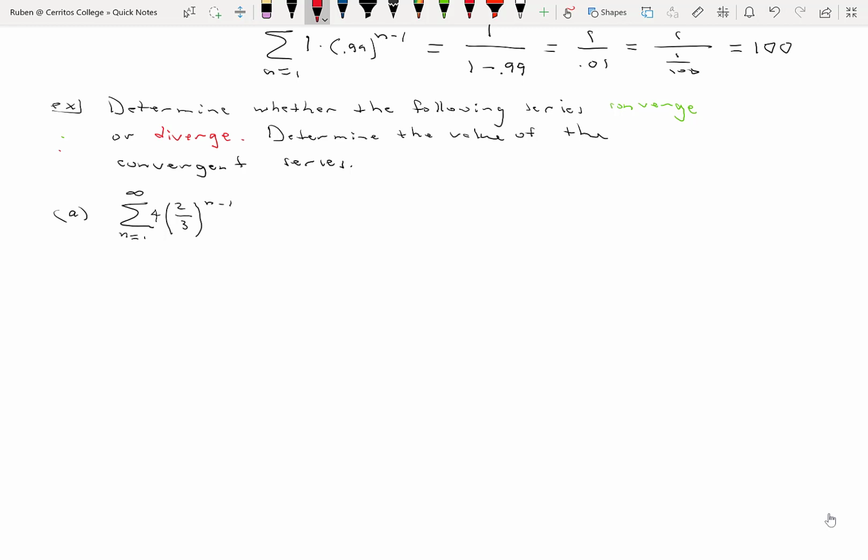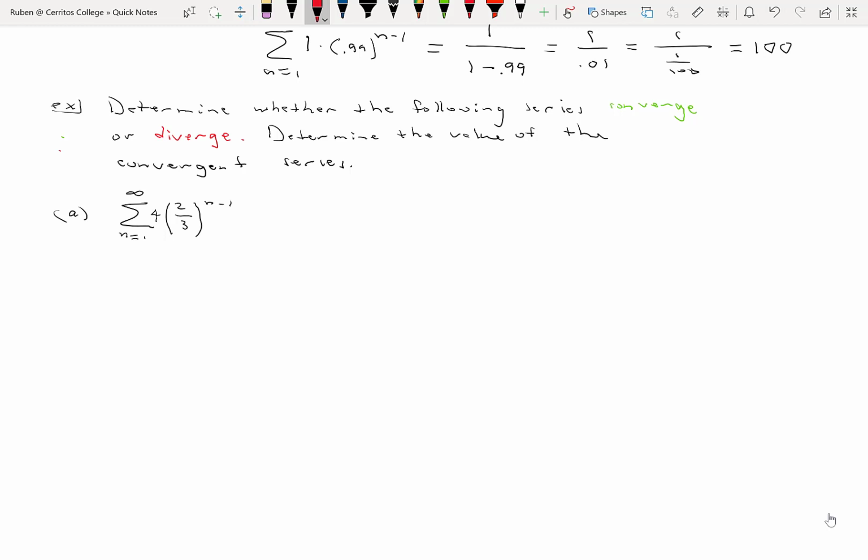Secondary concern will be the value of the convergent series, and that second thing will become more and more important as we move on. So for now, mostly we're going to be interested in the convergence or divergence of a series.